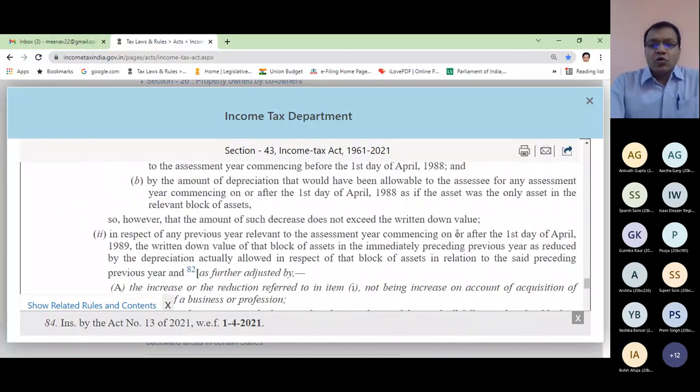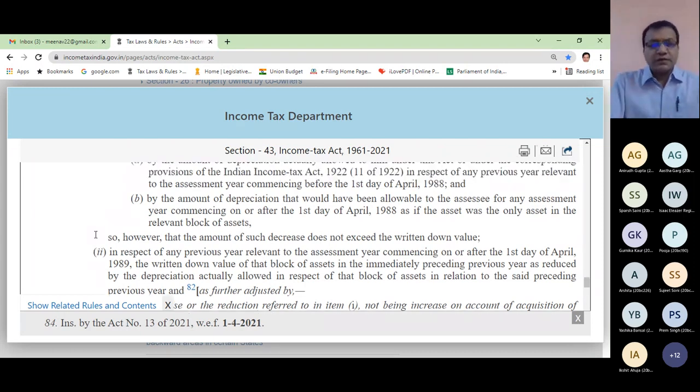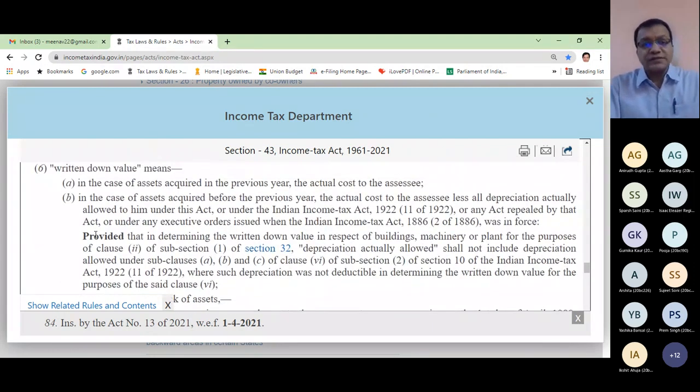Now it says on or after 1st April 1989, and this will be applicable to me because this subclause 2 gives you the definition of written down value for all the years starting with effect from assessment year 1989-90. So I am in assessment year 21-22. I will compute my written down value as per subclause 2 of clause C of subsection 6 of section 43, just to determine written down value.